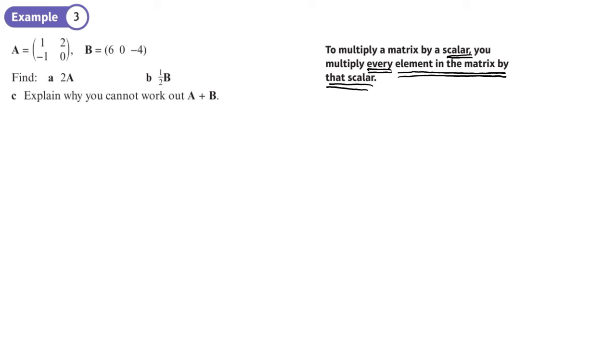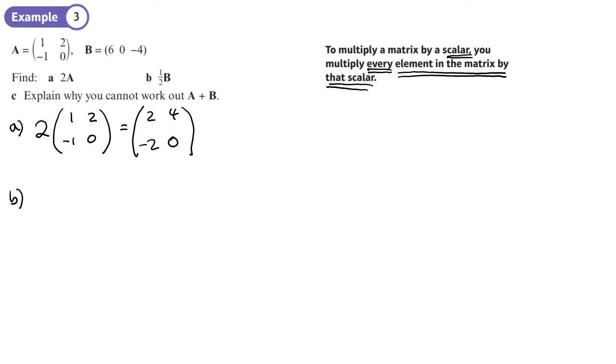And here we're just using some letters to represent a matrix. So part A, if I'm doing 2A, I'm basically doing 2 lots of this: 1, 2, negative 1, 0. So multiply every element by 2 and get 2, 4, negative 2, 0. It's a square matrix there. See, the 0 element will stay as a 0 element.